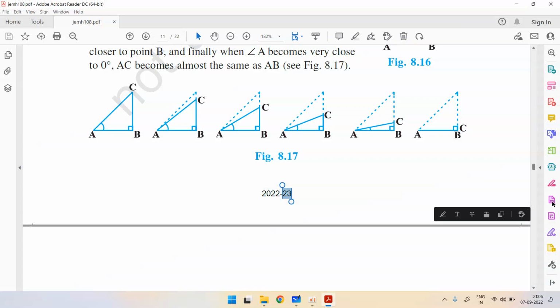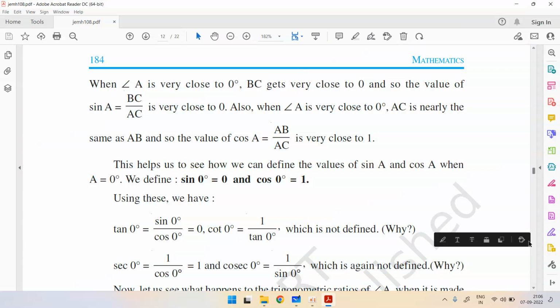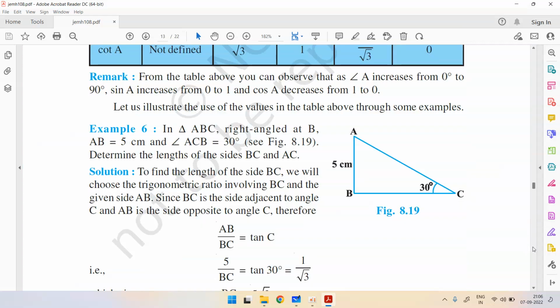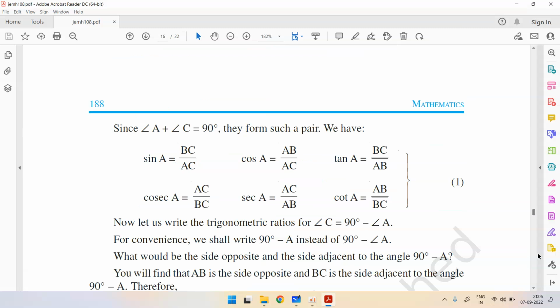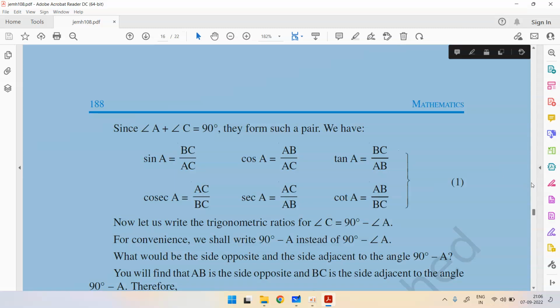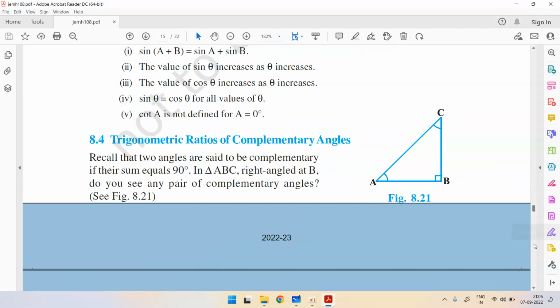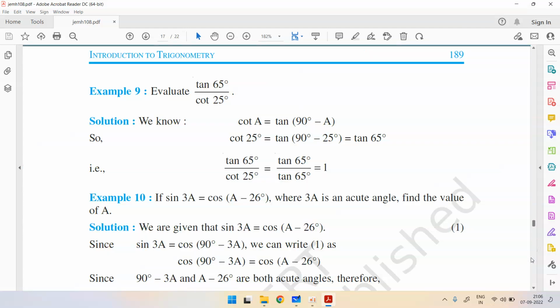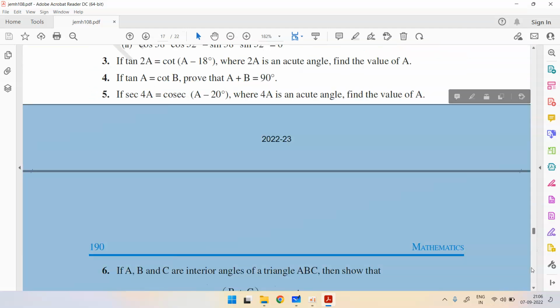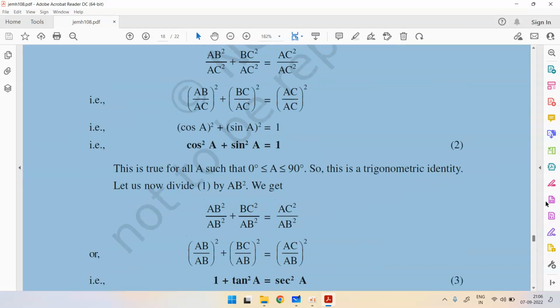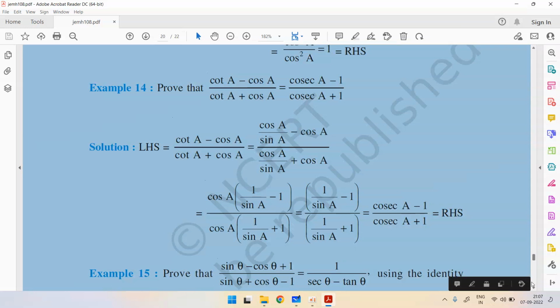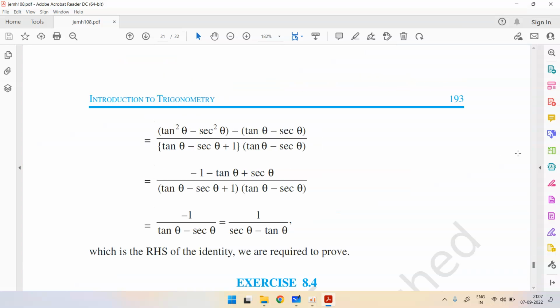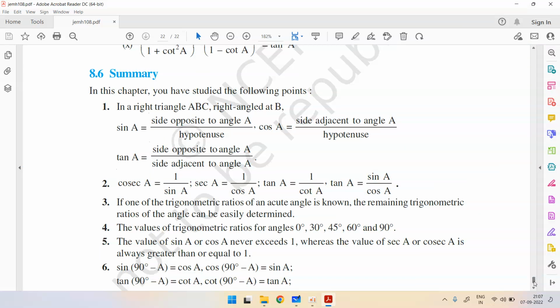I have told you how to derive and remember the formulas, for various values, and how to prove something. Only one thing I need to teach you.